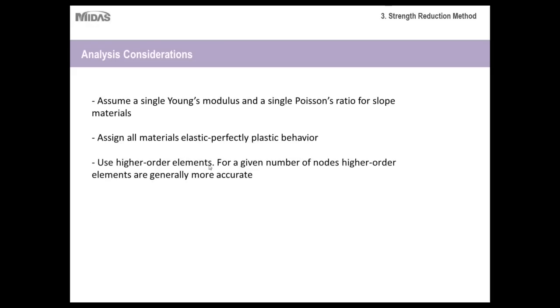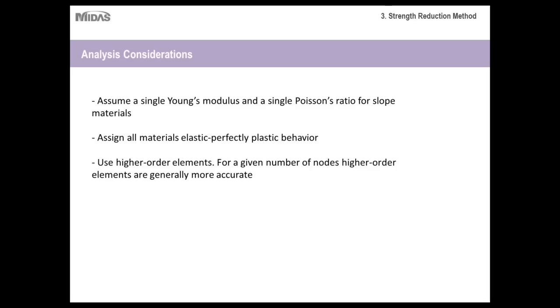And then use higher order elements. For a given number of nodes, higher order elements are generally more accurate. So higher order essentially means elements that are more refined or smaller. You'll see later on when I show you some more images of finite element models for slopes, that the elements near and around the slopes are very fine or very small.